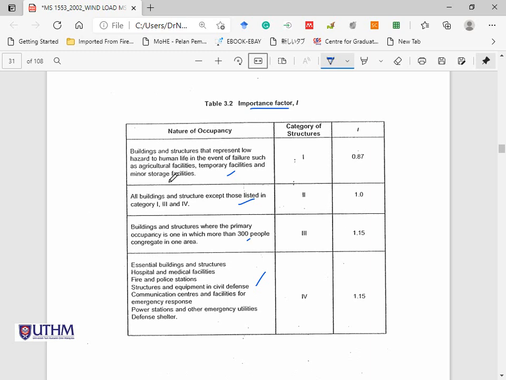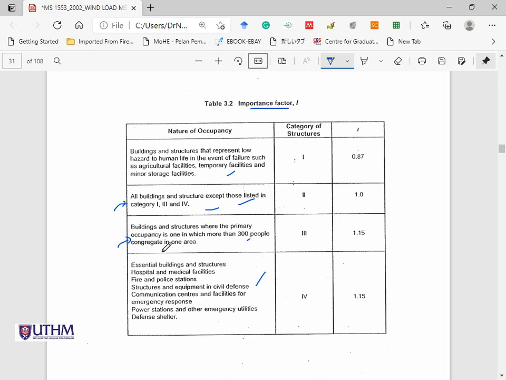So the design life is maybe less than 10 years. Then this is all buildings and structures except those listed in the other categories. For the second row, any structure which is not in category 1, 3, and 4. The third one is buildings and structures where the primary occupancy is one in which more than 300 people congregate in one area. Of course, for a 10 story building, it is for sure more than 200 people.